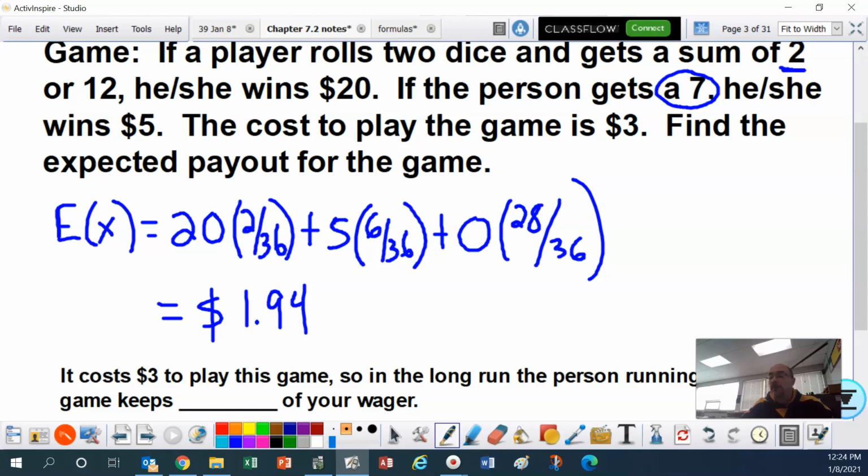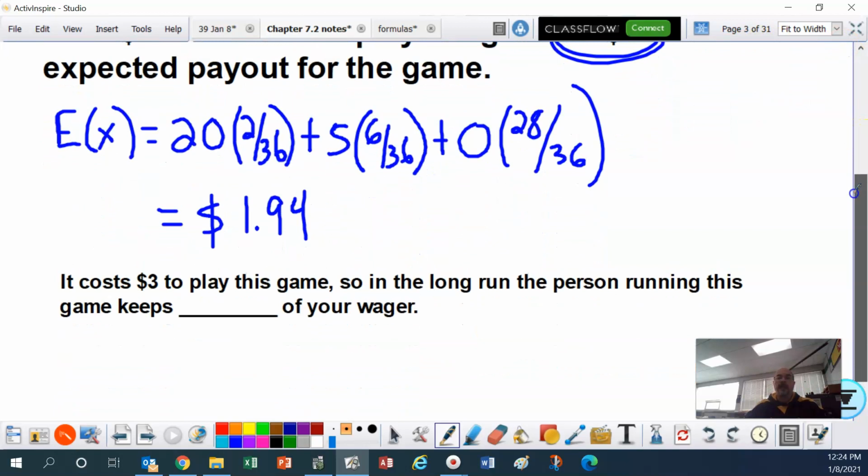That is the expected payout. It costs $3 to play the game. So, in the long run, the person running this game keeps how much?